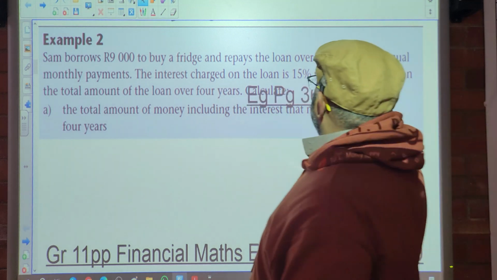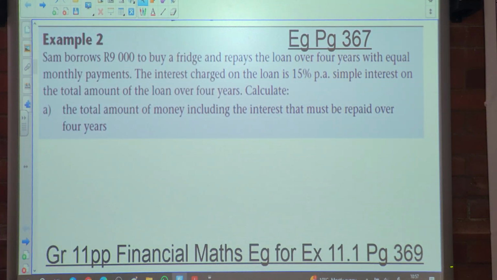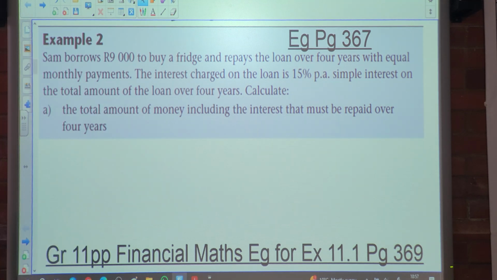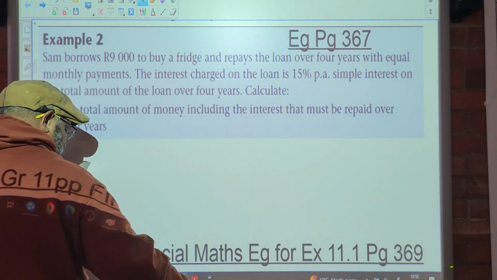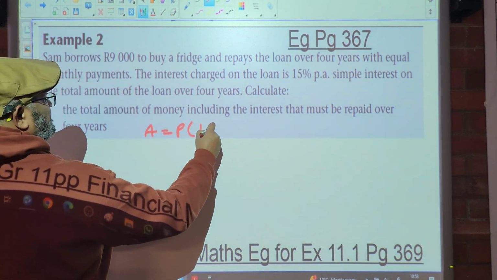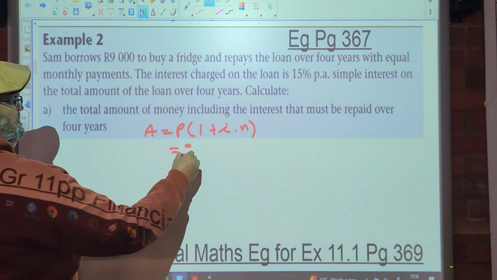If you look at example 2, Sam borrows 9,000 to buy a fridge and he pays the loan over 4 years with equal monthly repayments. The interest charge is 15% per annum simple interest on the total amount of the loan over 4 years. Calculate the total amount of money, including the interest, that must be repaid over 4 years. So my formula is A is equal to P into 1 plus I times N. What's your P value? 9,000.